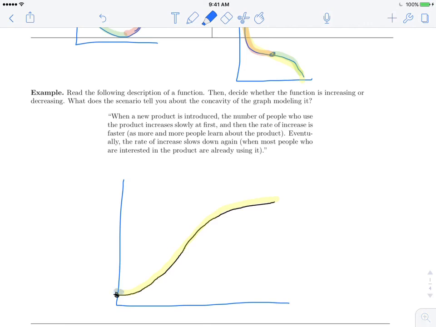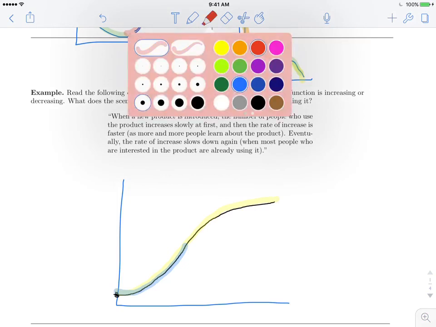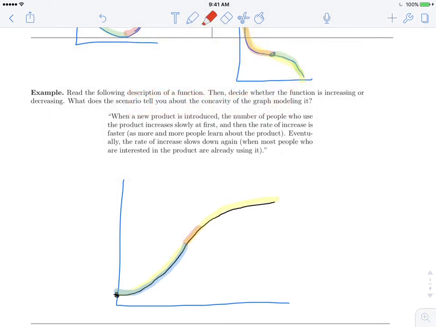This is concave up till right about there, and then over here it's concave down. So there's concave up when it's going from a slow increase to a large increase, and then it's concave down when it's going from a large increase to a slow increase.